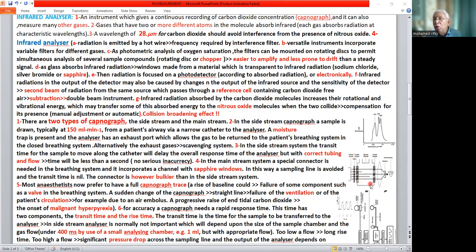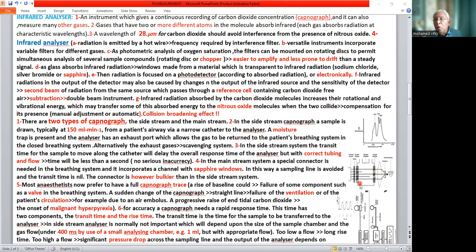This material doesn't absorb infrared rays, but glass unfortunately absorbs infrared rays. This is why we use such materials. And then after absorption, it is going to be focused on a photo detector to give me the final result.